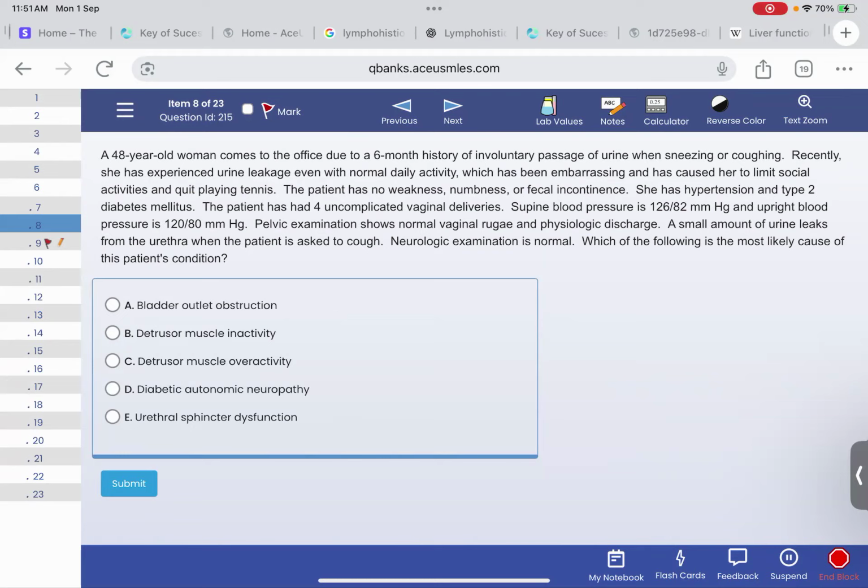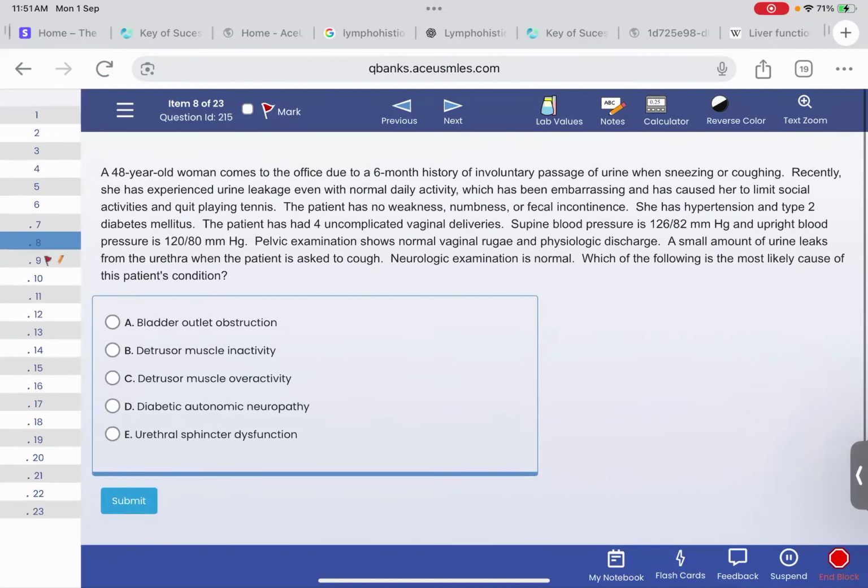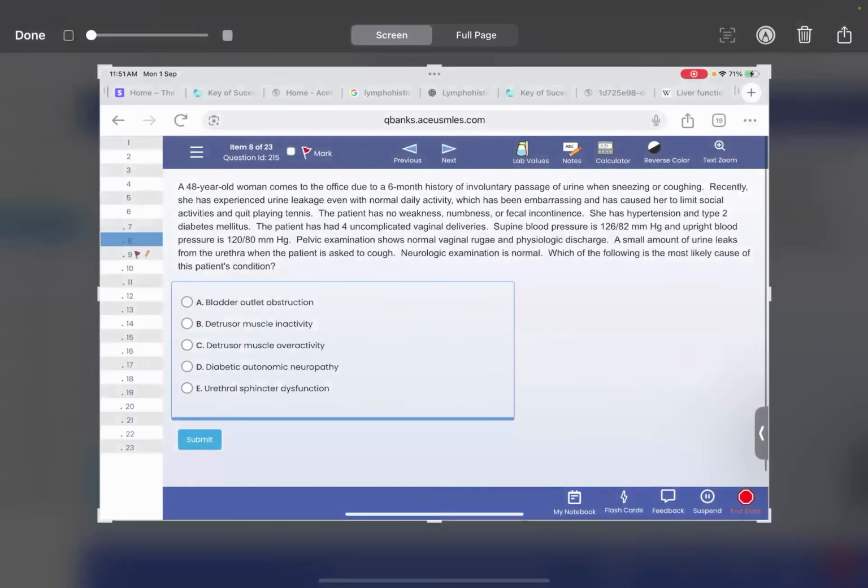The patient has no weakness, numbness, or fecal incontinence, and has hypertension and type 2 diabetes mellitus. The patient had four uncomplicated vaginal deliveries. Supine blood pressure is 126/82, and upright pressure is 120/80. Pelvic examination shows normal vaginal rugae and physiological discharge. A small amount of urine leaks from the urethra when the patient is asked to cough. So that's simple stress incontinence.